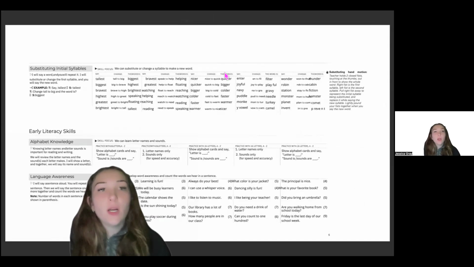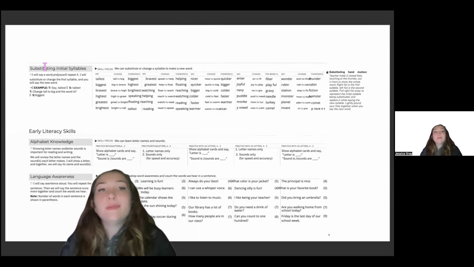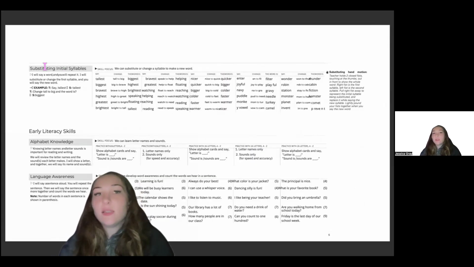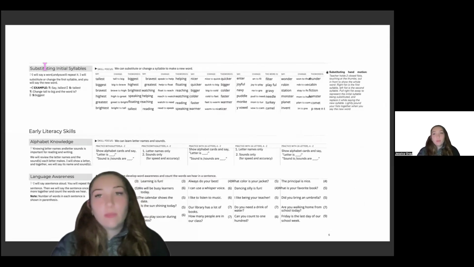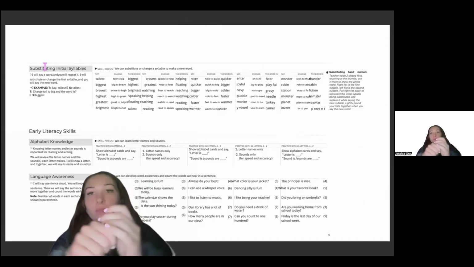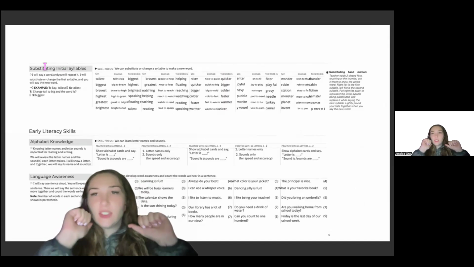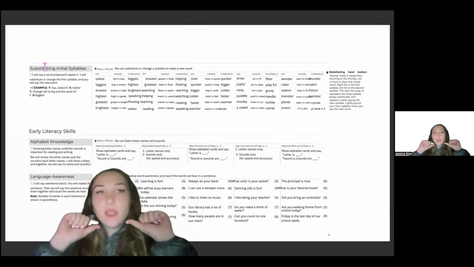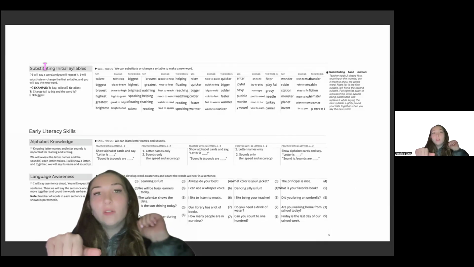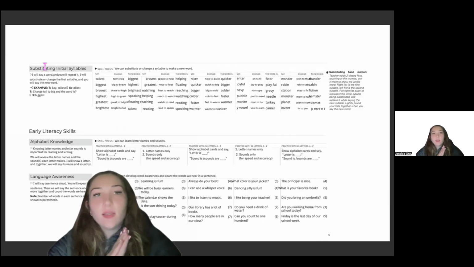And then for this one, we're going to be substituting the initial syllables. So what we're doing is keeping that ending sound, and we're going to change a syllable similar to what we did before. This one I actually have not done before. So we would say tallest, change tall to big, biggest.